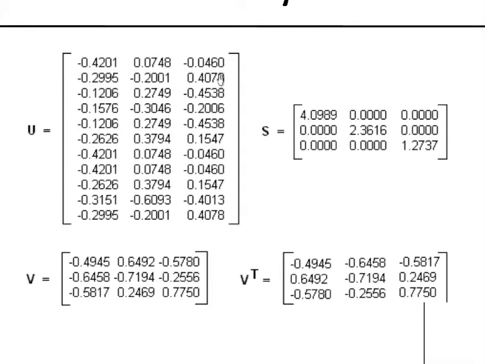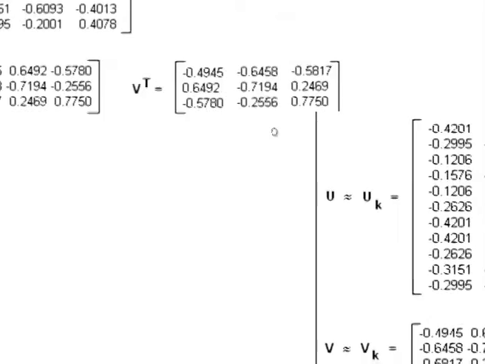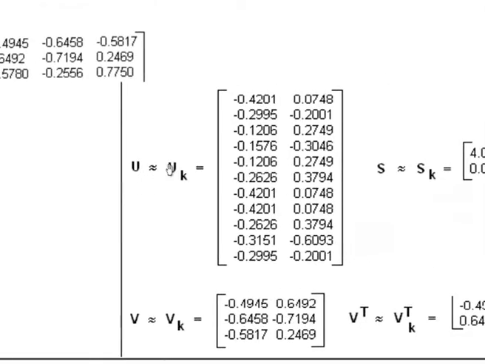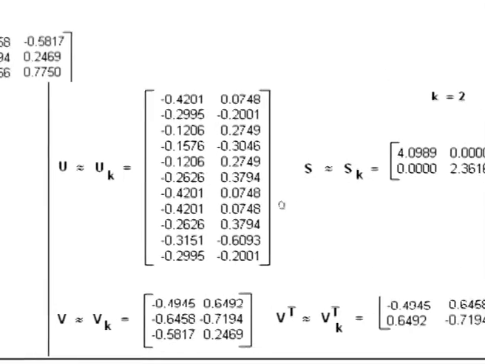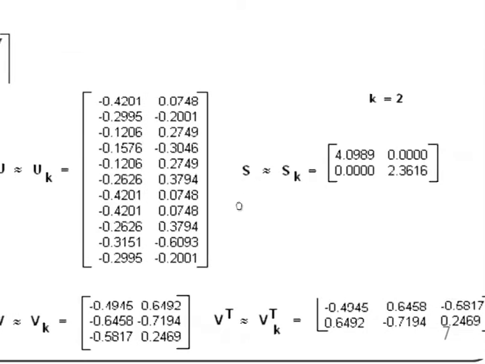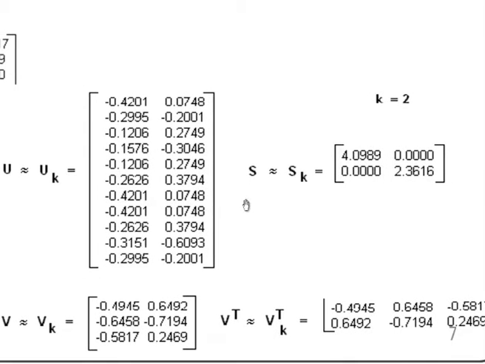Now, take a look at the dimensions. There are 11 rows and 3 columns, so the dimension of U is 11 by 3. For the singular value matrix, it is going to be 3 by 3, and similarly for the V transpose matrix, it is going to be 3 by 3. Once you have the U, S and V matrices, you can now work on the reduced dimensions by choosing the value for k.